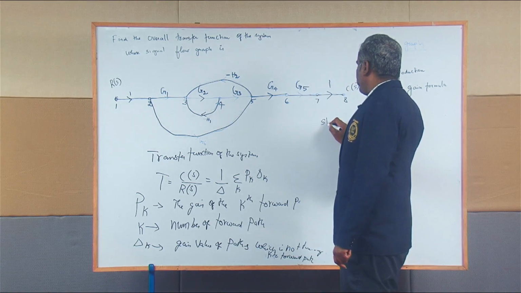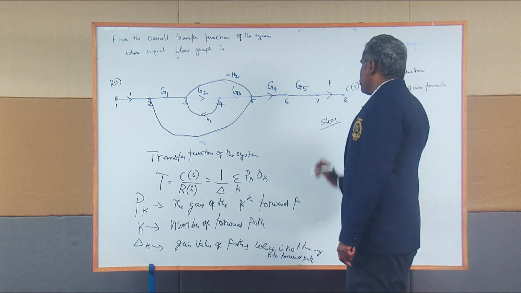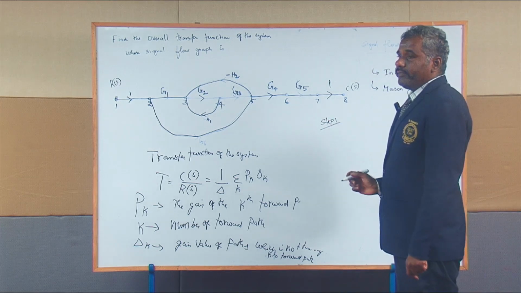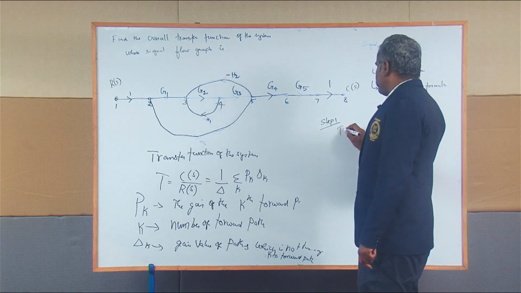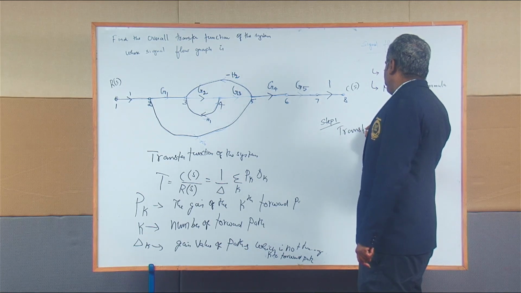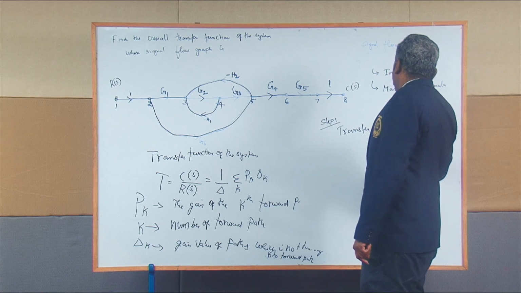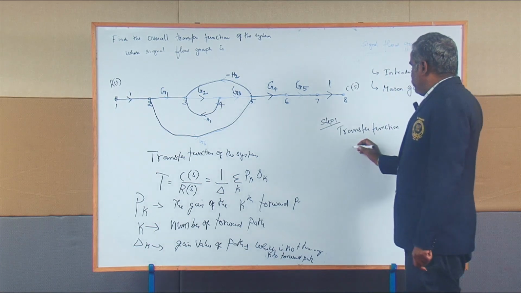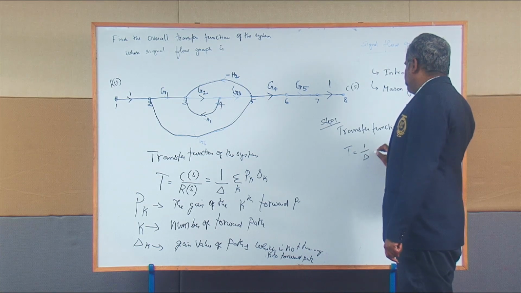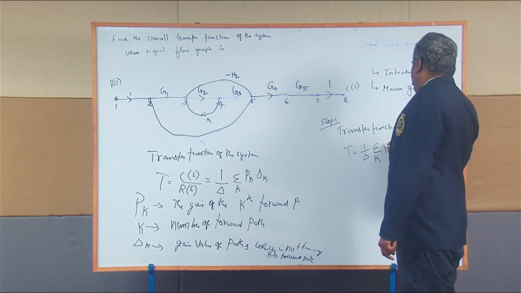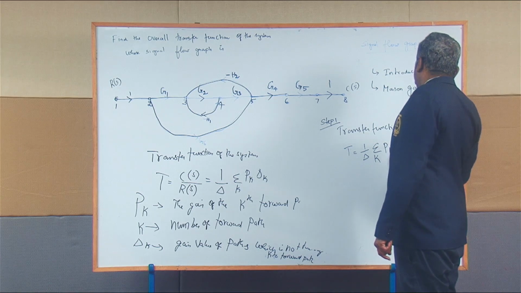So the first step, step number 1, for any Mason gain formula or any signal flow graph problem, which concludes with the transfer function, is that you need to give the transfer function, which is T equal to 1 by del, summation of p suffix k del suffix k.